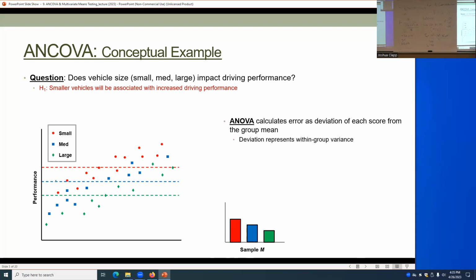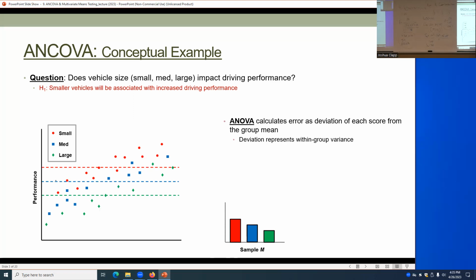So here, my ANOVA is calculating error as a deviation from the group mean. Any deviation from a group mean is our within group variance, right? So if the only thing that determines people's driving performance is what size of car they're driving, then everybody's performance should be identical, right? But it's not. We're seeing differences here for my small cars, here for my medium cars, and here for my large cars.